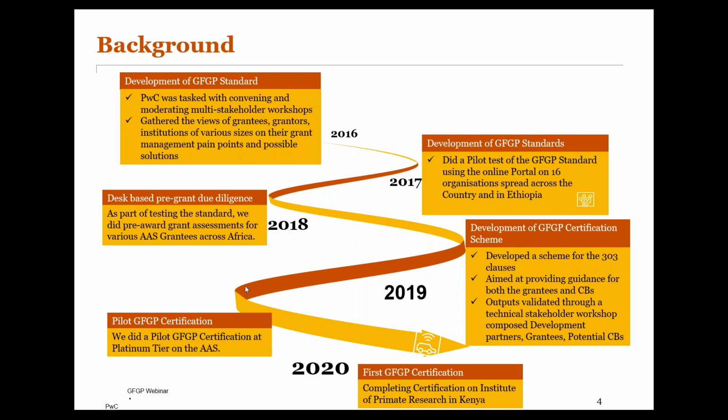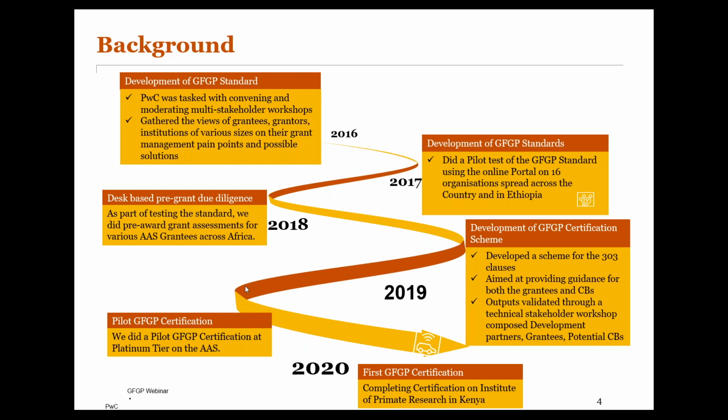As indicated by Jenny before, it went through field testing in Kenya, in Rwanda, and in Ethiopia. And the various feedback that was received through the field testing was then fed back into the development of the standard before it was presented to the African Standardization Organization, where it went through the various committees within ASO before it became adopted as a standard for Africa. So as we speak now, the GFGP is a standard that is already adopted by the Africa Standards Organization.